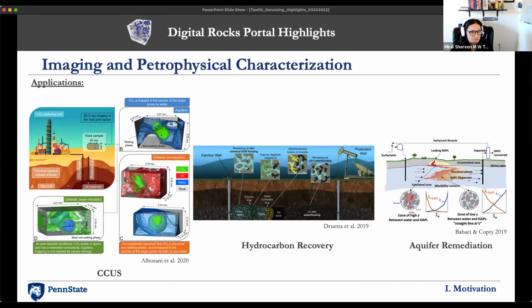Some of the most common use cases include understanding pore scale physics of processes like CCUS, enhanced oil recovery, and aquifer remediation. And over the years, there has been a huge improvement in image acquisition technologies, which combined with the computational advancements enabled an equally impressive development of image processing methods, including reconstruction, image enhancement, or denoising, and image segmentation algorithms.